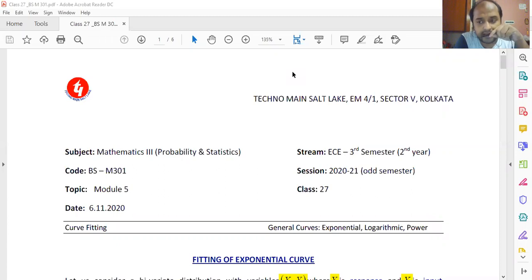if it is a matter of examination, then you don't have to worry much, because in examination the question setter will ask a particular type of curve. He will ask you to fit a particular type of curve to a given set of data, and you don't have to analyze. This is not analysis.